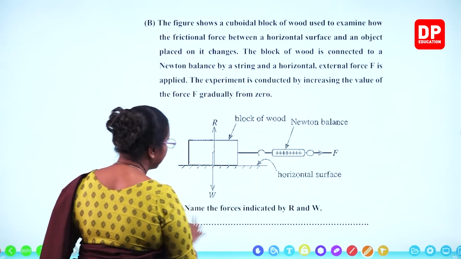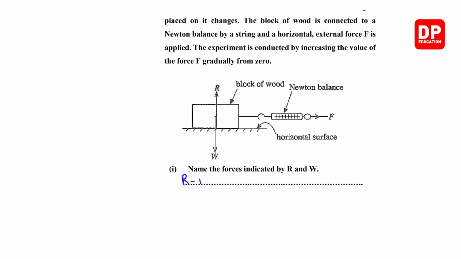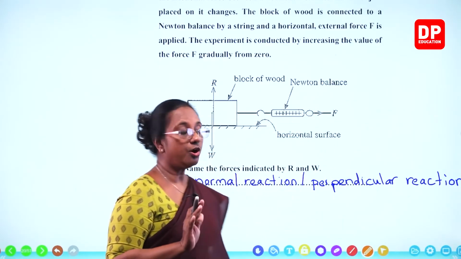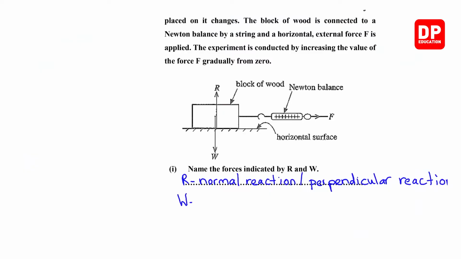So R is the normal reaction, or we can write it as perpendicular reaction. Then what is W? W is weight.